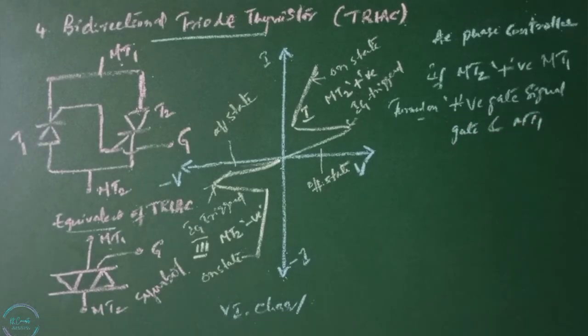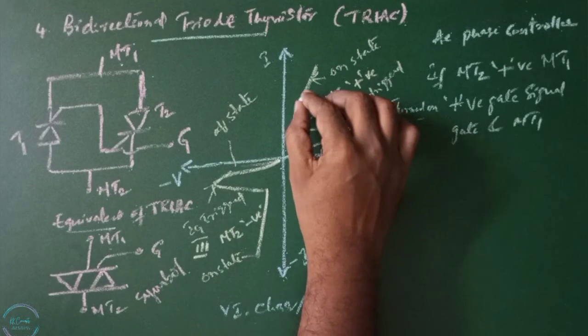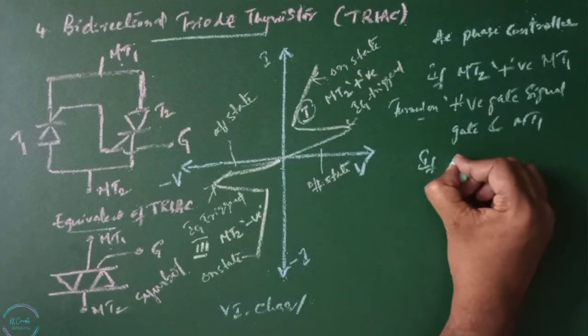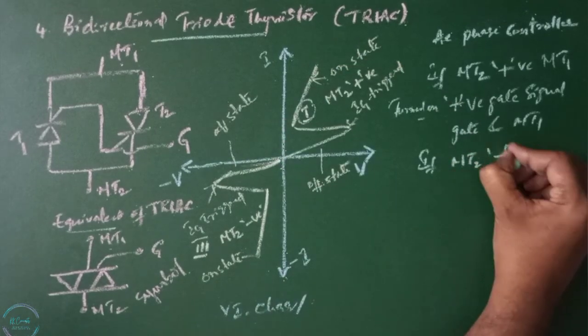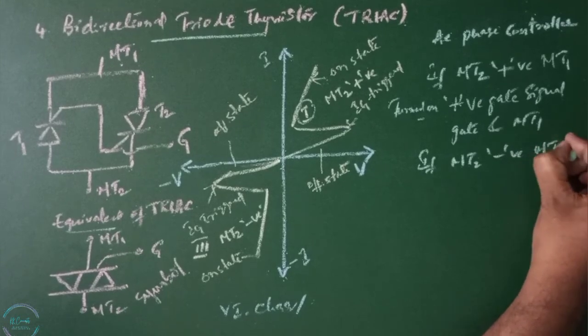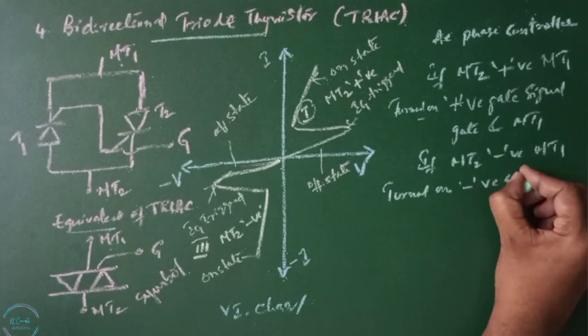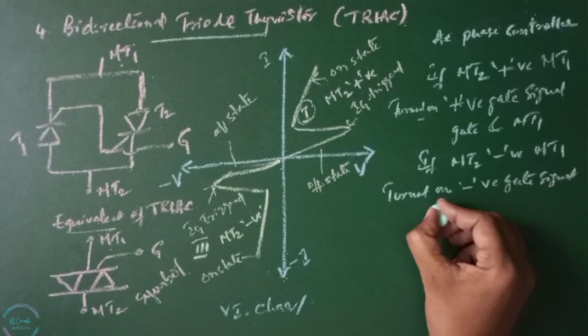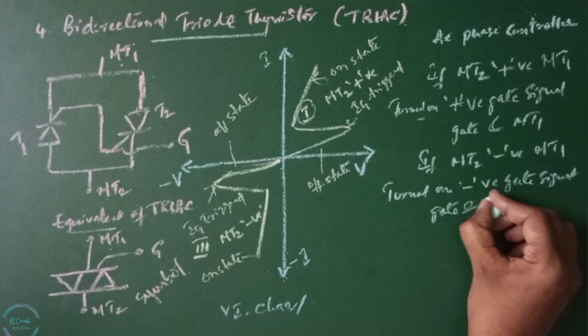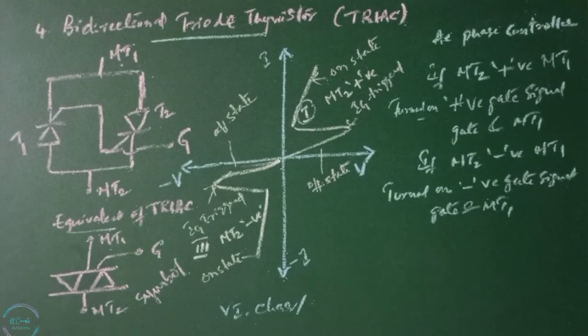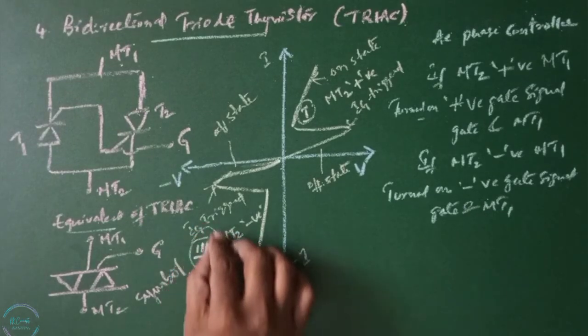Then the TRIAC is going to conduct in first quadrant. If MT2 is negative with respect to MT1, TRIAC is turned on by a negative gate signal between gate and MT1. Then the TRIAC is going to operate in the third quadrant.